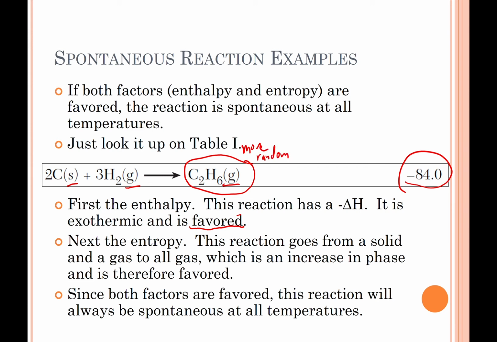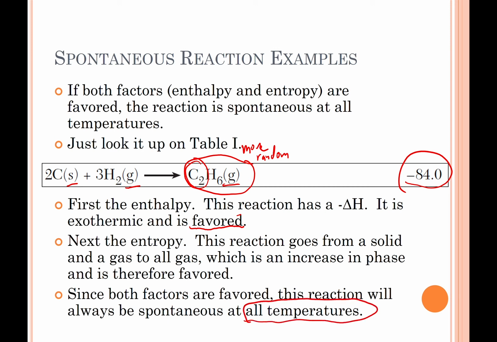Because we've taken this solid carbon, spread out those atoms, combined them with hydrogen gas, and now these carbons, instead of being ordered next to each other, are combined with another element and in the gas phase. So this increase in phase means that due to the entropy, the reaction will be favored. Since both of these factors are favored, enthalpy and entropy, the reaction is going to be spontaneous at all temperatures.